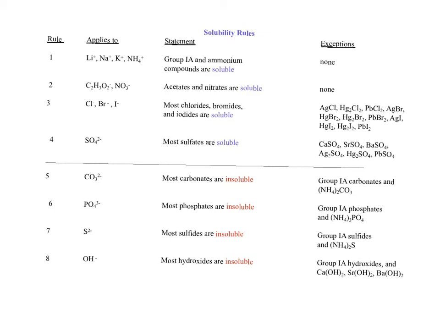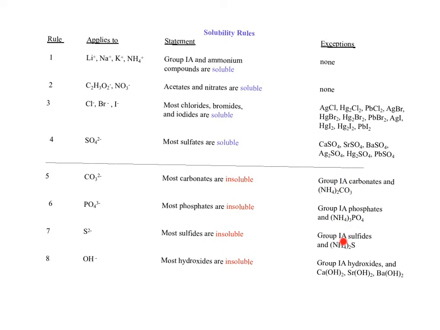All right, and then the line underneath, most of them are insoluble. Most of the carbonates, phosphates, sulfides, and hydroxides are insoluble, with the exception of group 1A carbonates and ammonium carbonate. So group 1A and ammonium, all of those are going to be soluble, right? Same thing here with the phosphates, group 1A and ammonium.